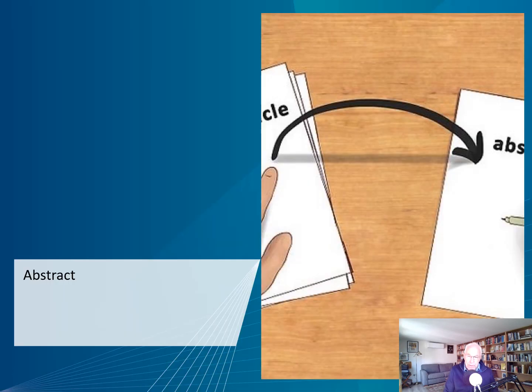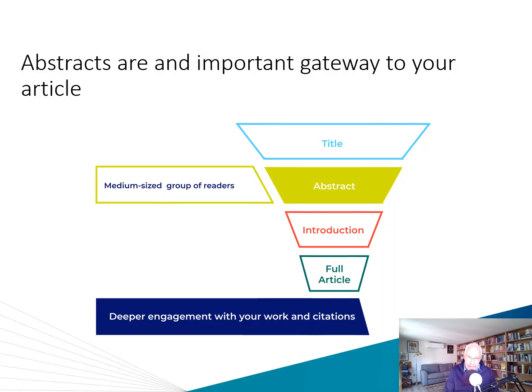Next, the abstract. Now, similarly to the title, the abstract is also very important. And the abstract is an important gateway to your article. You'll see we've already dealt with titles which are widely read. The next most widely read is the abstract.